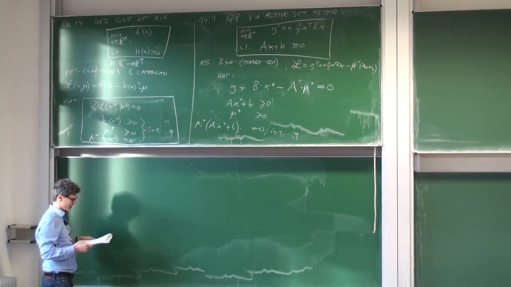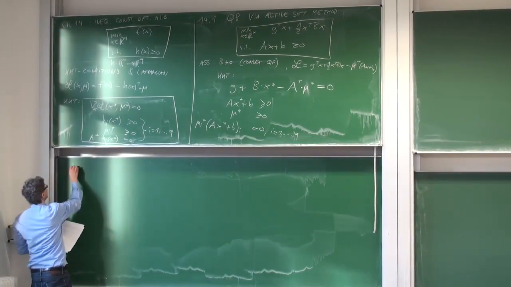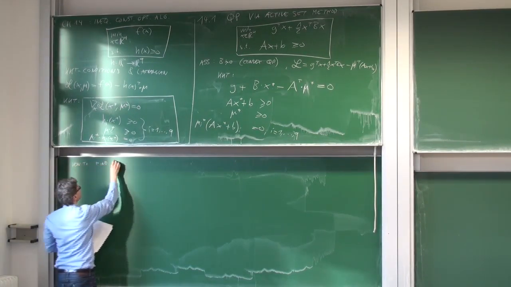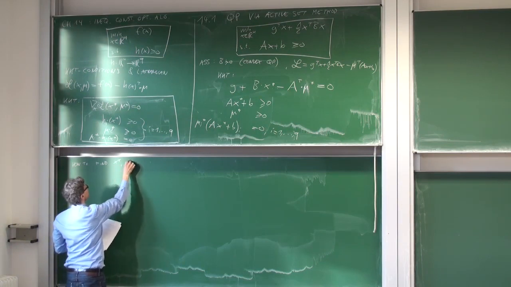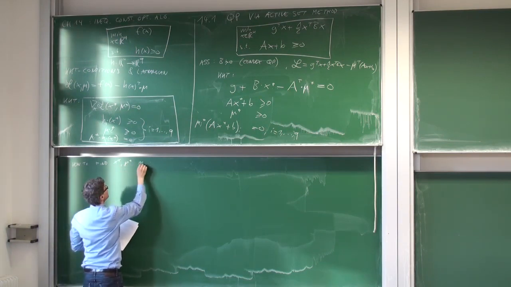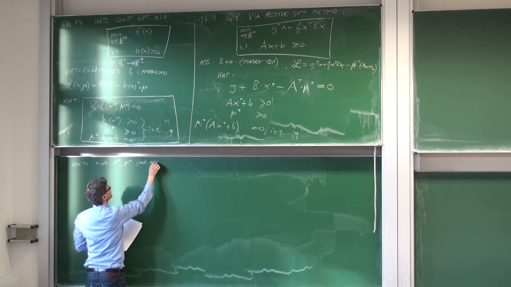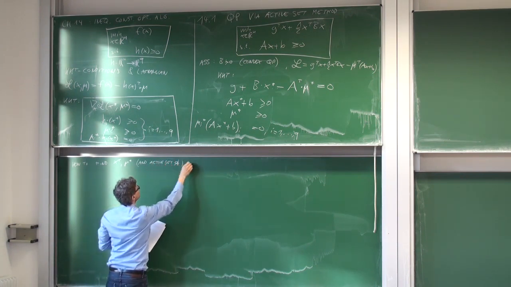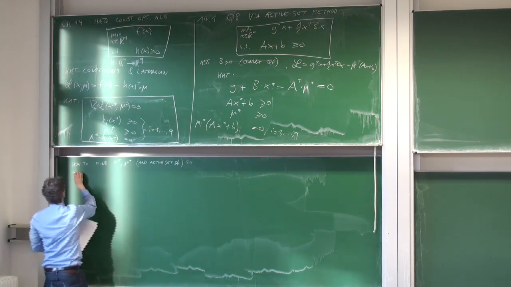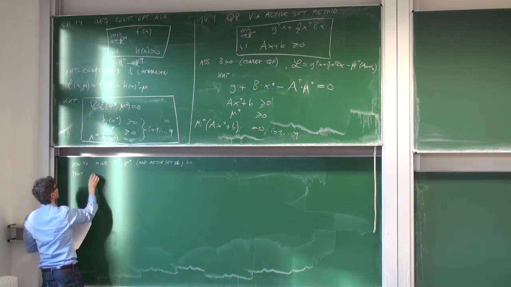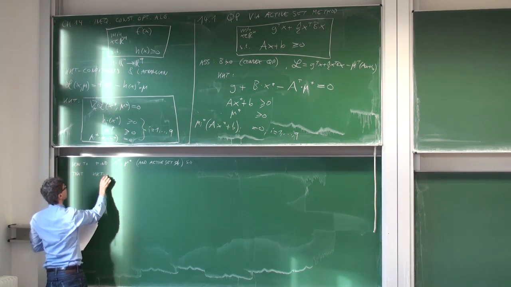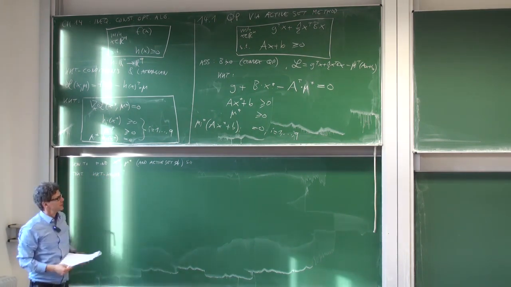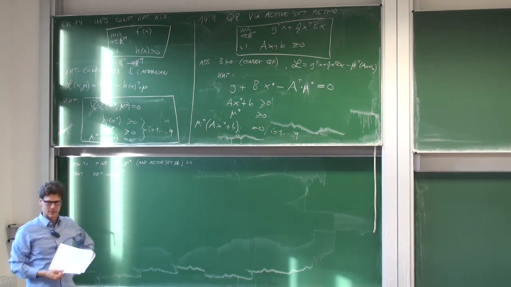Okay, so the question is how to find X star and mu star and an active set so that KKT holds. And this is the task that we want to look at.